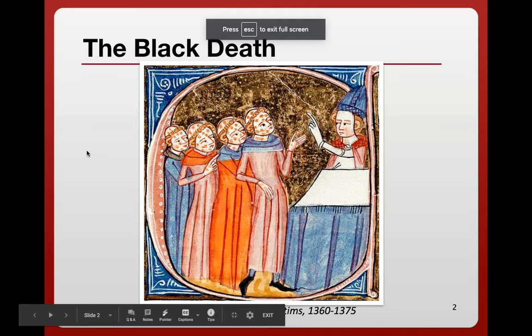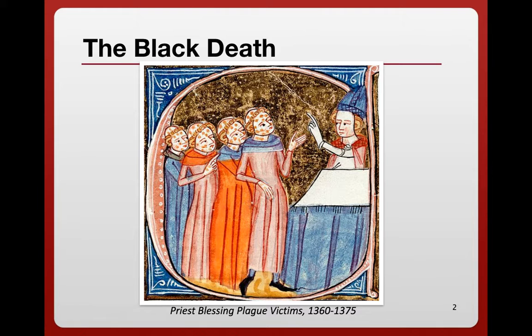And the Black Death, you've probably heard of that before. It's also known as the bubonic plague. It decimated, killed large populations around parts of the world between the 1330s and 1350s, so about a 20-year span or so. There is continued debate about the origins of the plague, and many scientists and historians today believe that the plague resulted from the bacteria Yersinia pestis, which is common in fleas and carried by rodents.